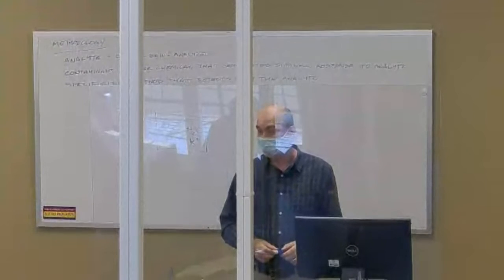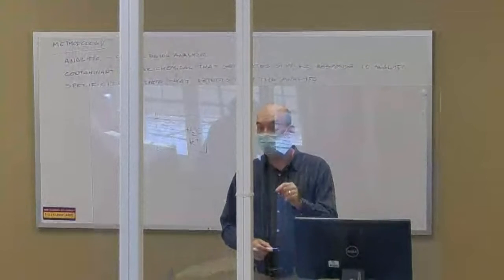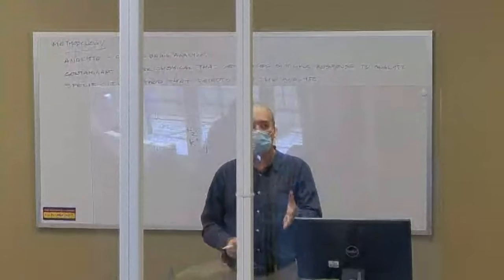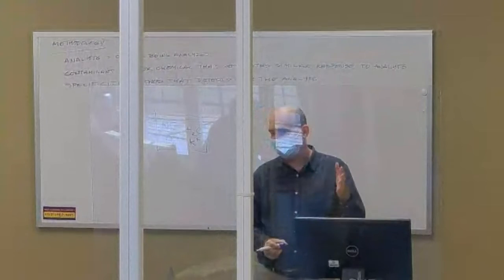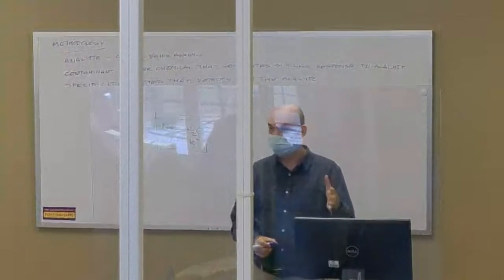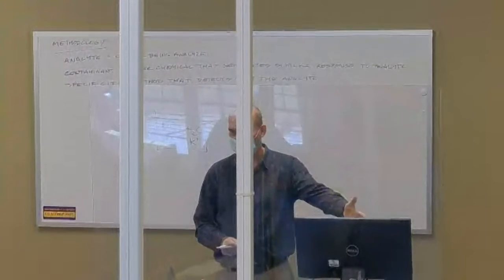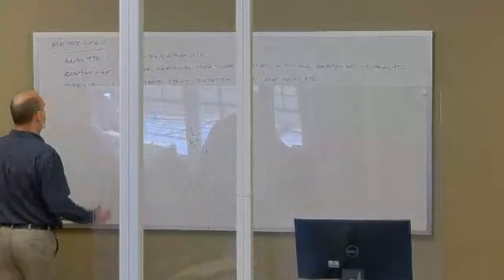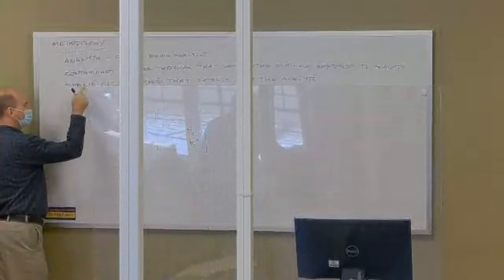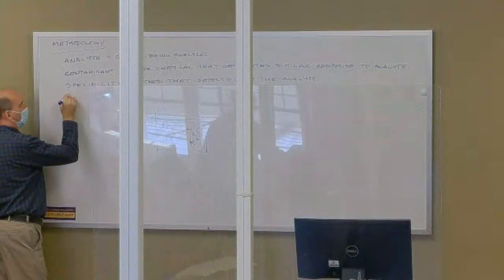You wouldn't be looking for a selective test. You wouldn't use a sodium selective test or sodium selective electrode. You would use a pH meter or a conductivity meter that would measure everything. Specificity and selectivity are the same thing.